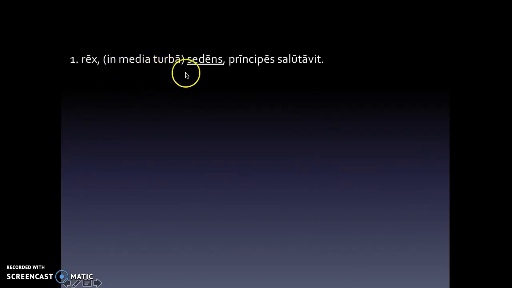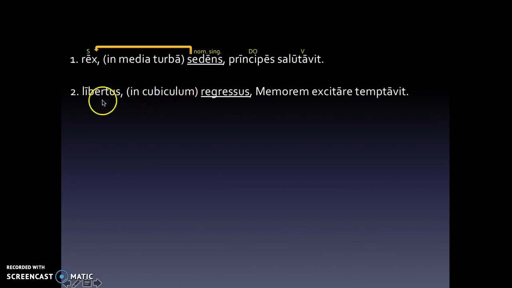Rex in media turba sedens principem salutavit. So this is our participle, and we know that it is going to the king because sedens is nominative singular, rex is nominative singular. So the king, sitting in the middle of the crowd, greeted the chief. Libertus in cubiculum regressus Memorem excitare temptavit.